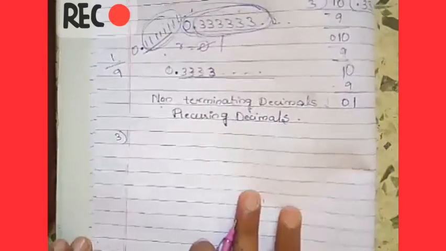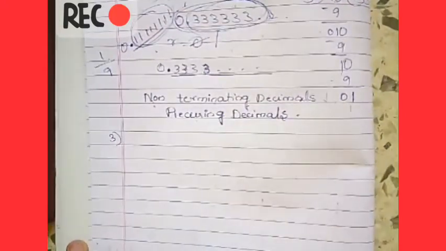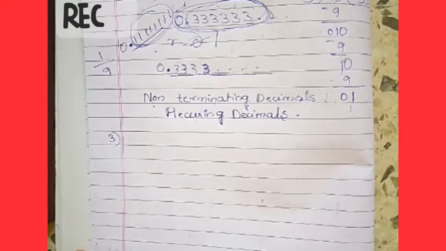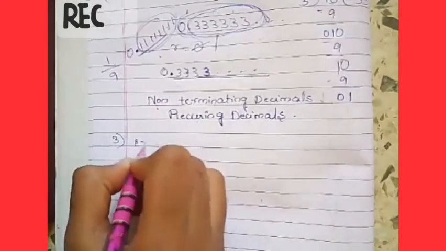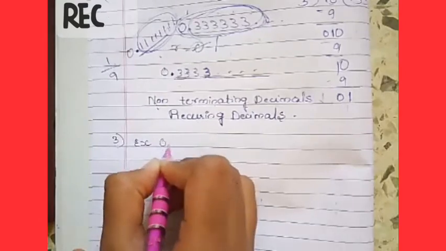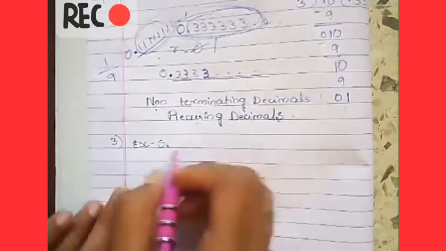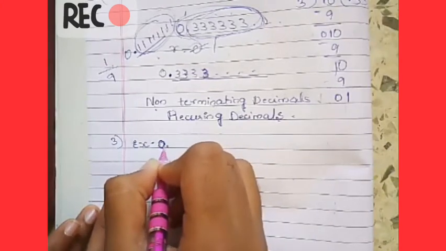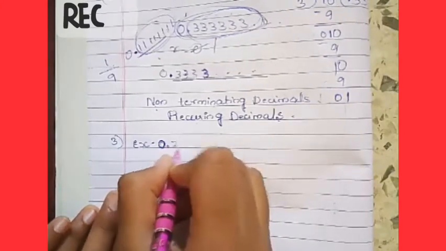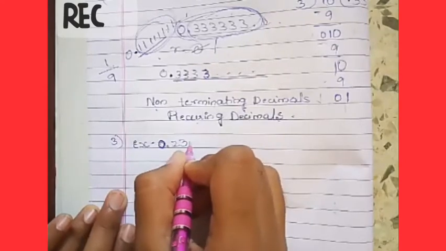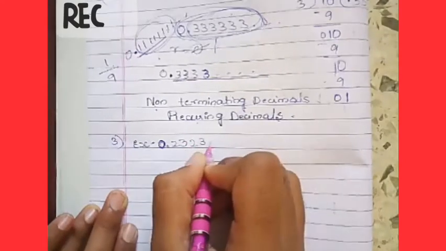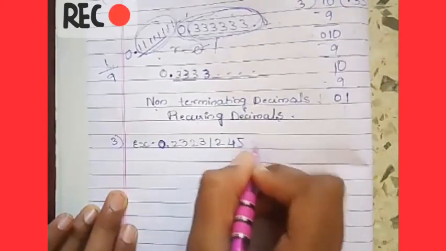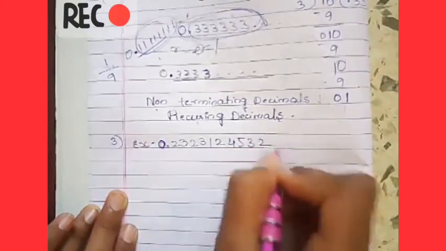Now let's take for example 0.2323124532 and so on.